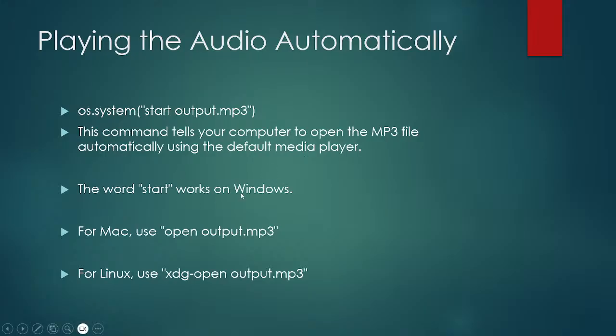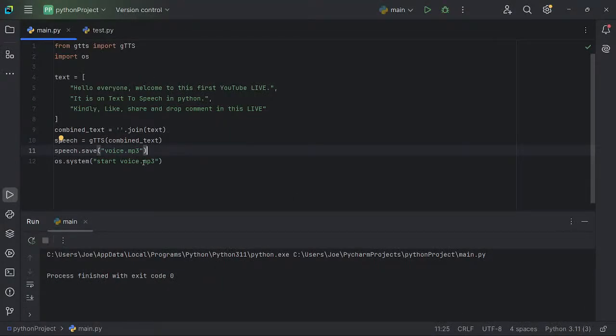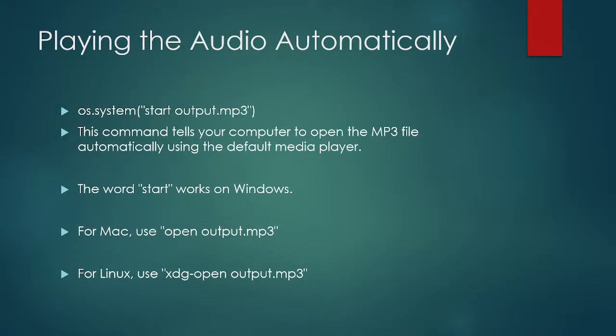The word start works on Windows. I'm using a Windows PC, so I use start voice.mp3. If you're using Linux or a Mac, we're going to use another keyword. For Mac, you use open output.mp3, and for Linux, you use xdg-open output.mp3.